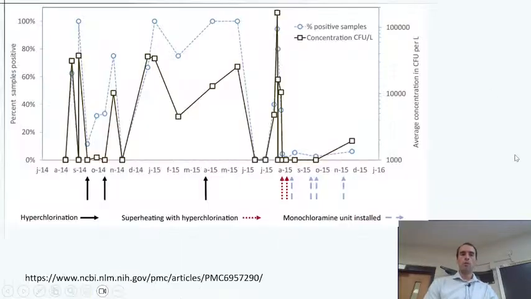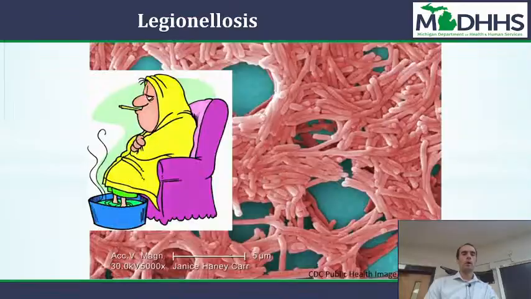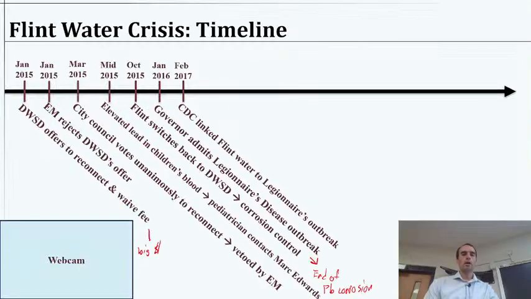And so if we go all the way back in our timeline, it wasn't until February 2017 that the linkage was actually formalized. The CDC was finally able to get, I guess, maybe old samples of the Legionnaires' outbreak to DNA match it. Way, way, way further down the timeline than it should have been.